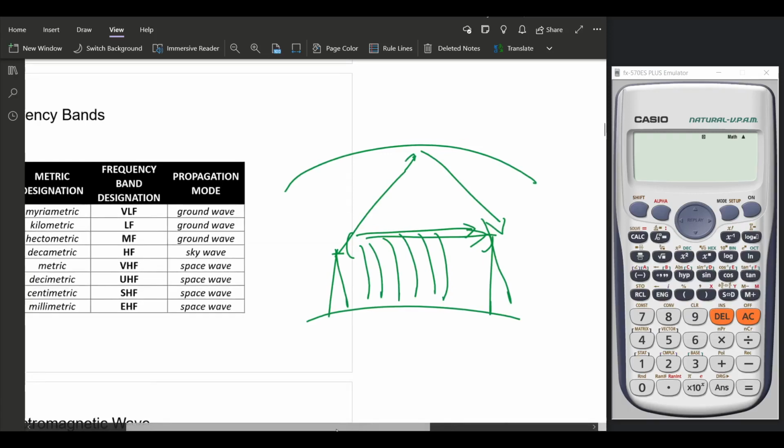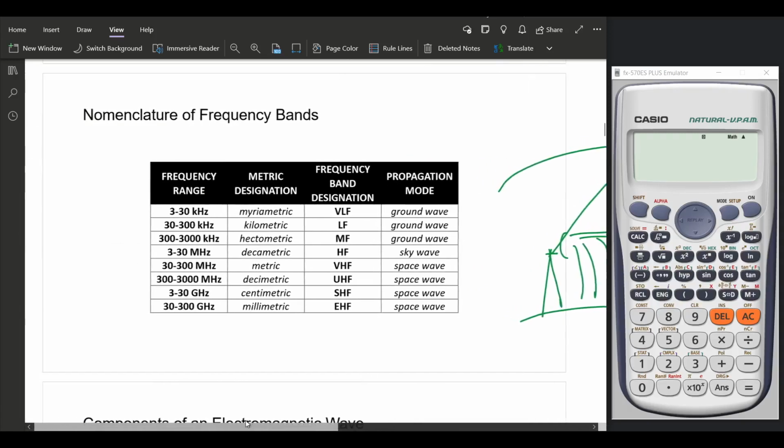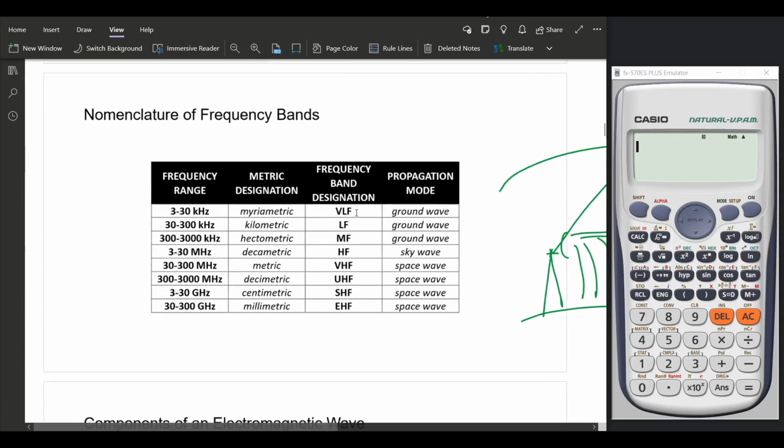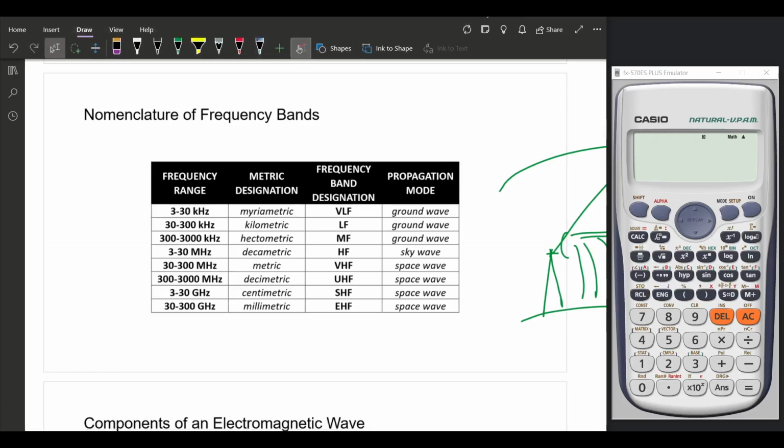Okay? So basically, dun sa mga frequency natin, yung low frequency signals, yung very low frequency up to the medium frequency, so they are using ground wave. Okay, so pang low frequency yung ground wave. And then for high frequency, so pang space wave yun. Okay, yung sky wave, it is mainly used for high frequency.